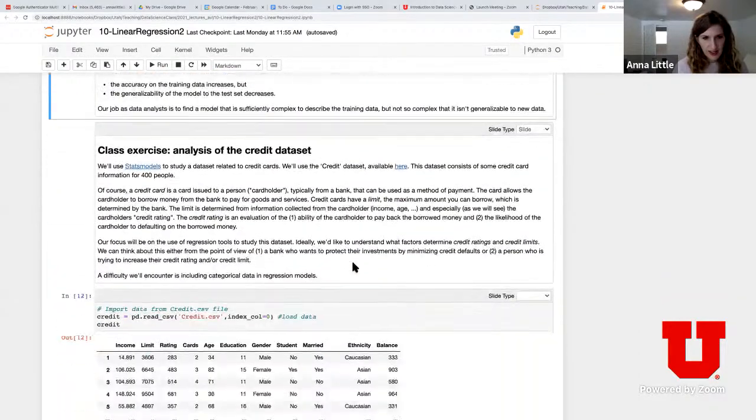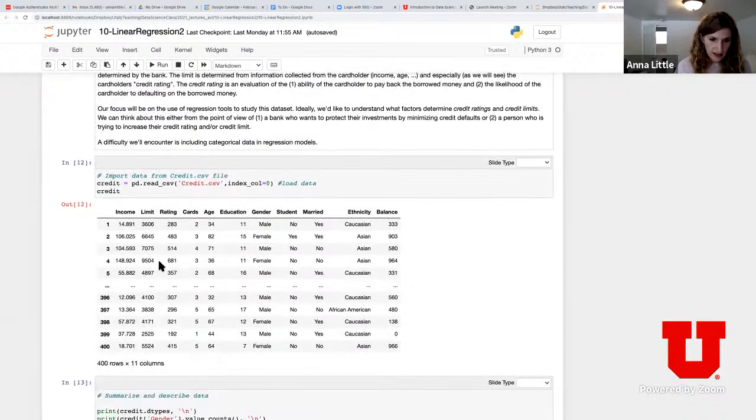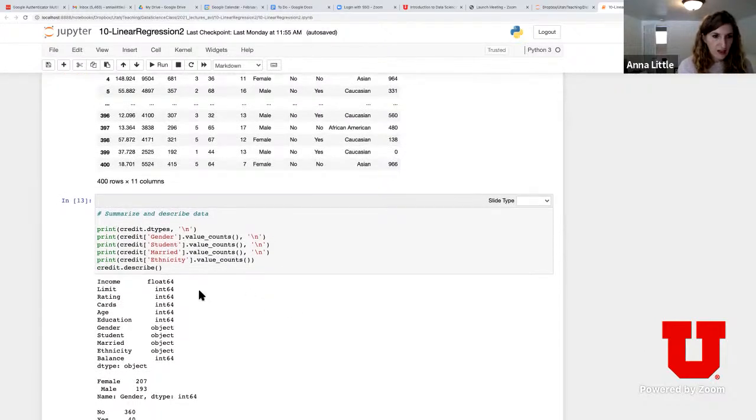But back to the credit data set. We get a data set that looks like this, where we have our income, limit, rating, cards, age, education, gender, lots of things. We want to summarize and describe the data. That's always a good start. Here we can take a look at what the data types are. Things generally look like what we expected.